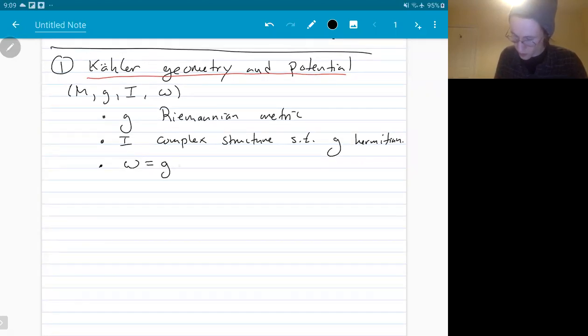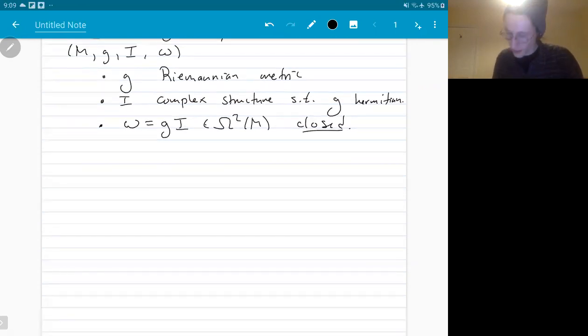we can combine the metric and the complex structure to get a 2-form. And this thing has to be closed. And the fact that the metric is Hermitian translates to the form actually being of type (1,1).